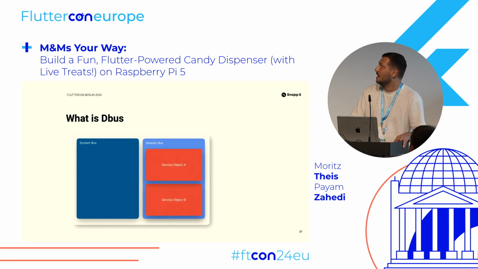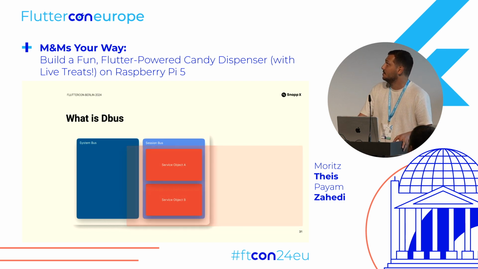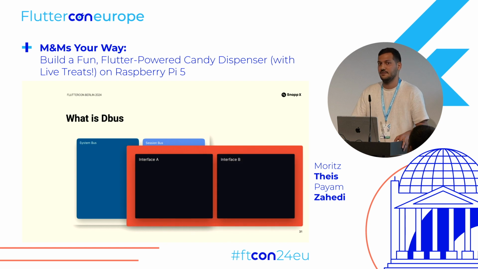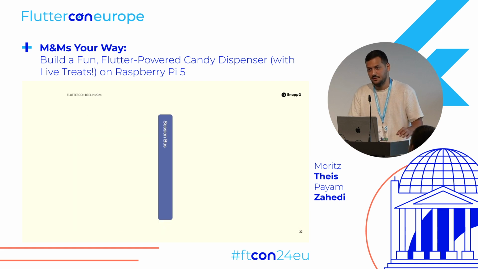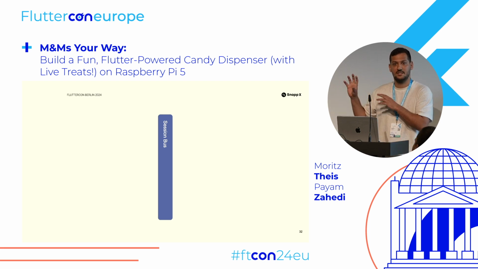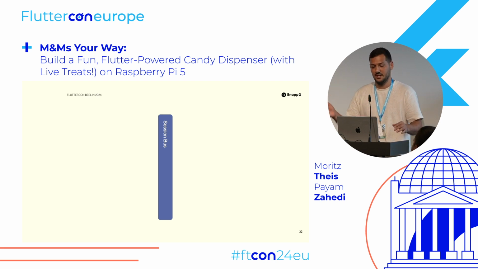First, you need to create a service object, and inside your service object, you need to have some interfaces, and inside each interface, you can have different methods, signals, or parameters. So we decided to use the session bus, and we wanted to use the library that we already have for the servo motor to be able to control it.